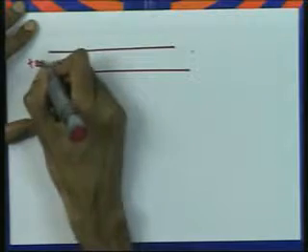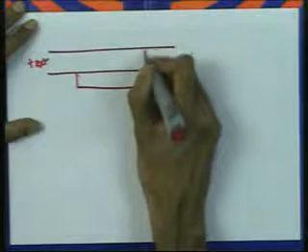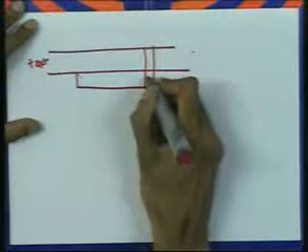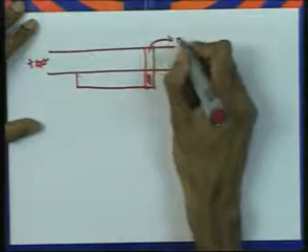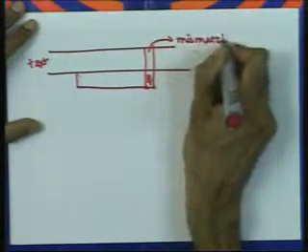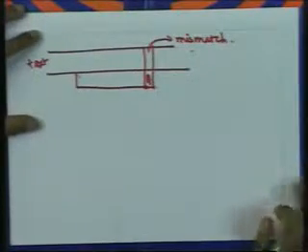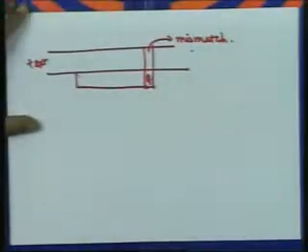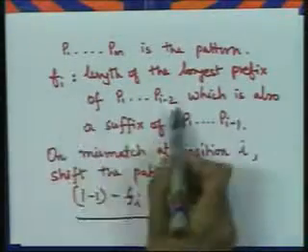So here is my text, this is a pattern, and this is, let's say, the ith position in the pattern, and there is a mismatch. Now let's see what this says. Fi is the length of the longest prefix which is also a suffix.